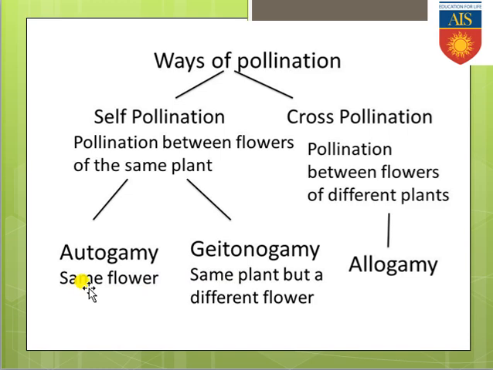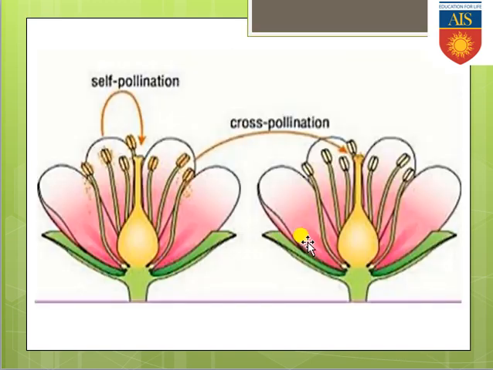In autogamy, the pollination happens within the same flower, and in geitonogamy, between two different flowers, but obviously both flowers are present in the same plant. And allogamy, we all know, is pollination between two flowers present in different plant bodies. Going to the next slide.